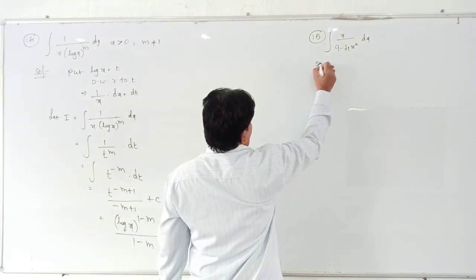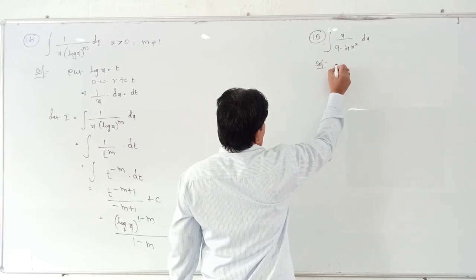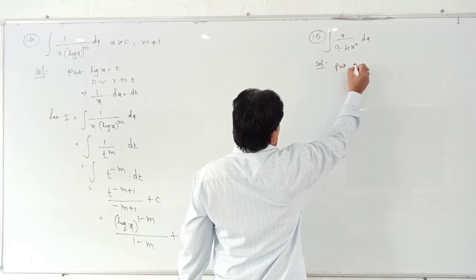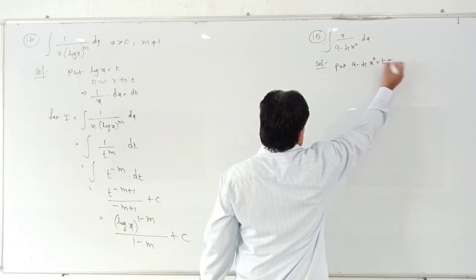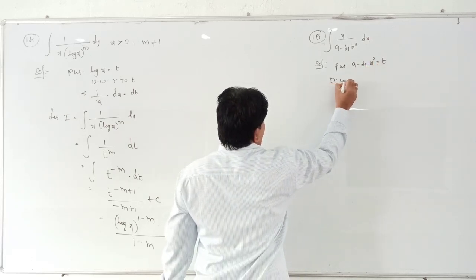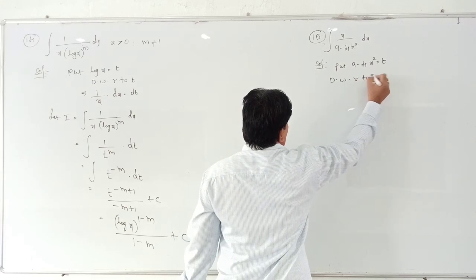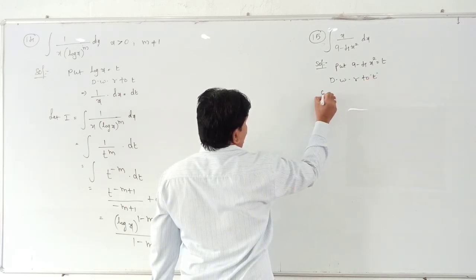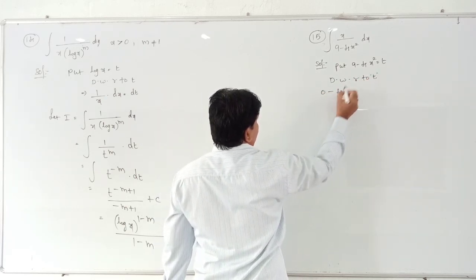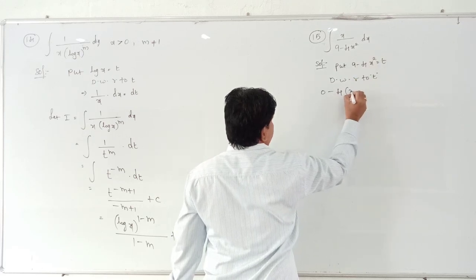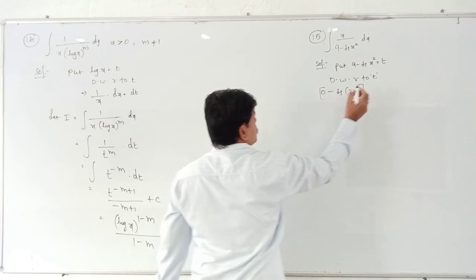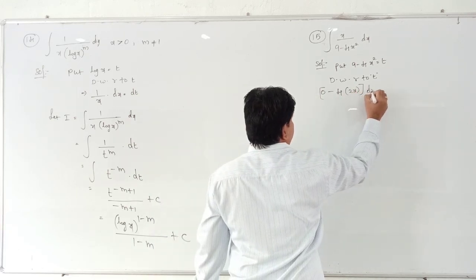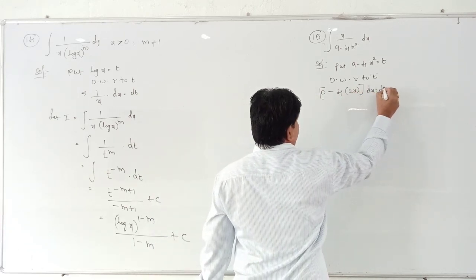First we will put 9 minus 4x square is equal to t. Differentiate with respect to t. What happens? 0 minus 4 into x square derivative is 2x into dx is equal to dt.